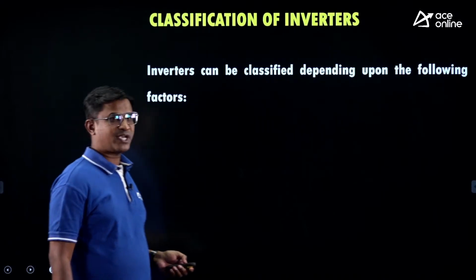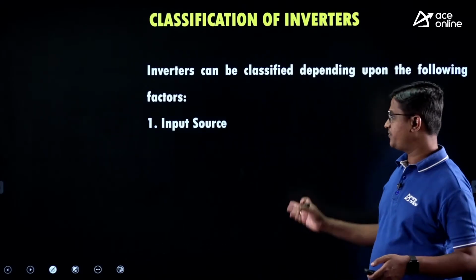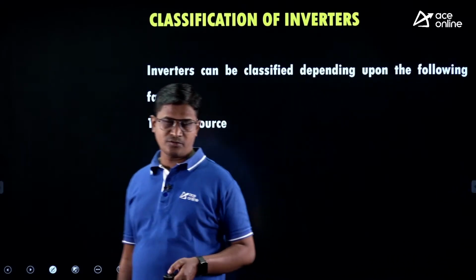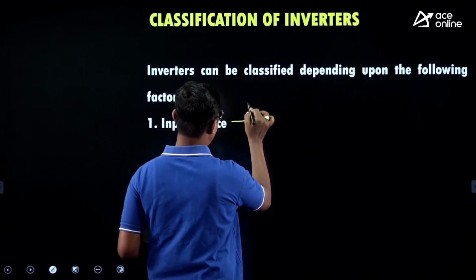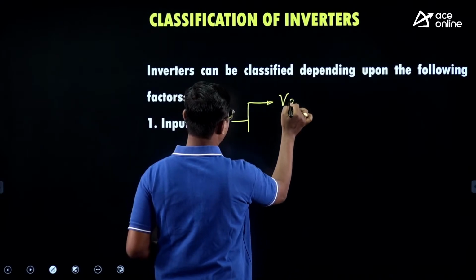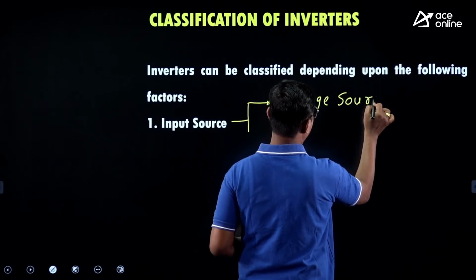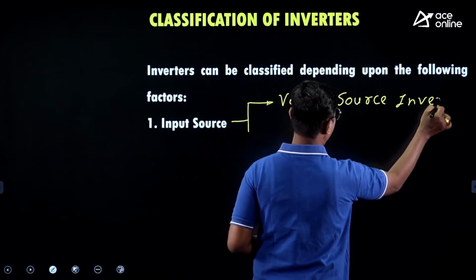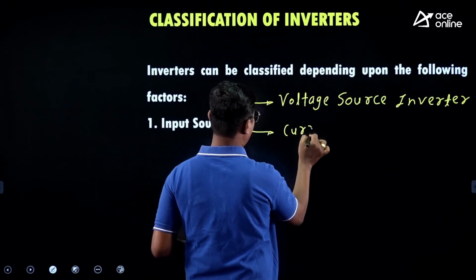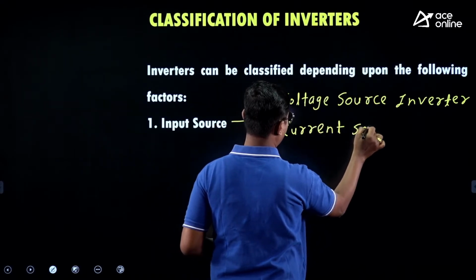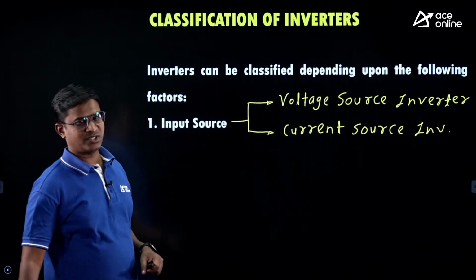Next, classification of inverters. Inverters are classified based on, first, the nature of the input source. Based on the input source, there are two types: voltage source inverter (VSI) and current source inverter (CSI).